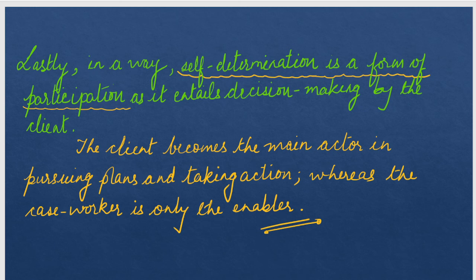So we can say that this principle is another important principle of social casework, and it becomes important that the client participates positively in the relationship so that he is able to solve his problems.